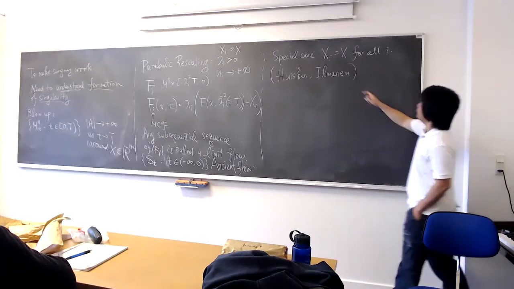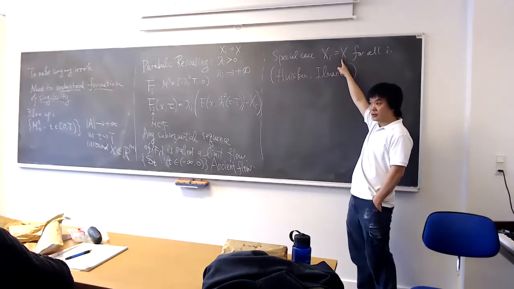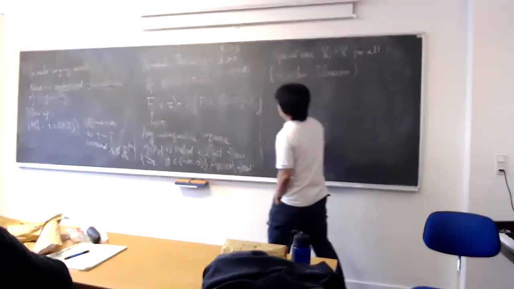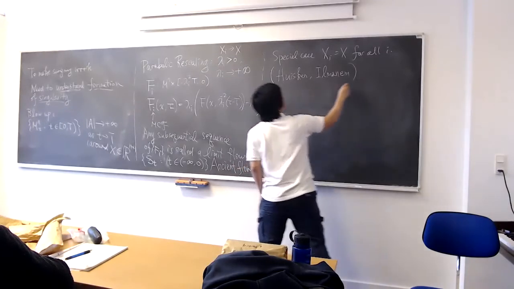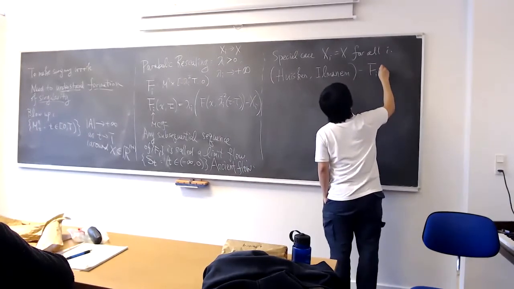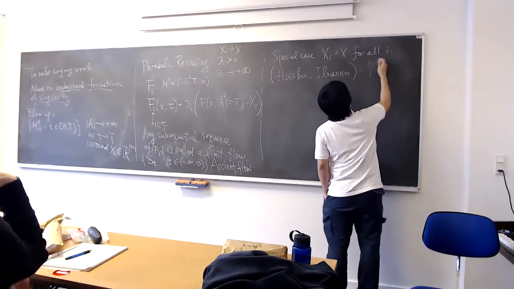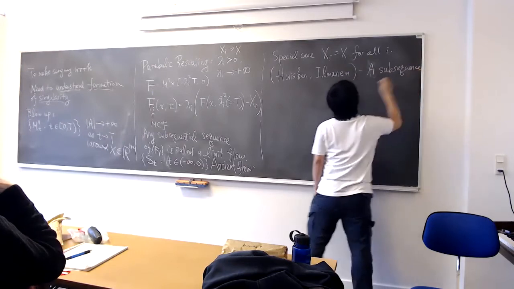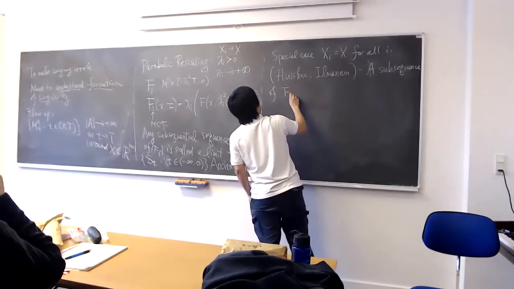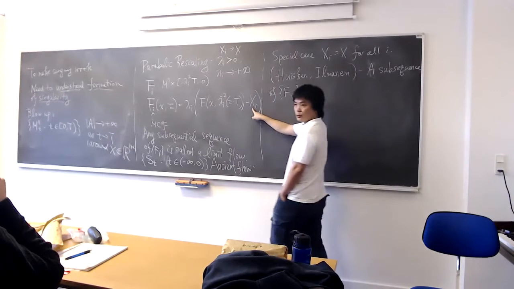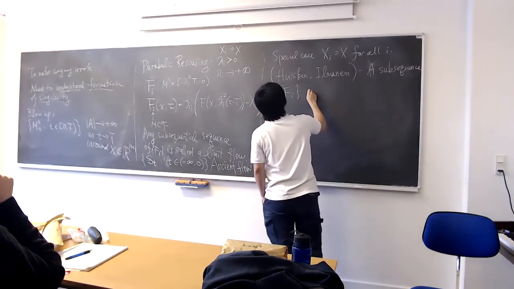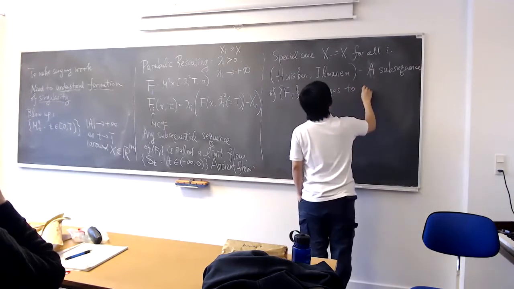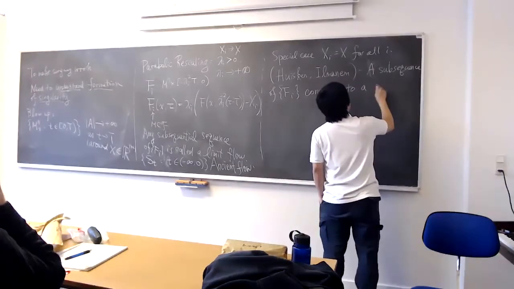So in the case where this point is fixed, there are actually subsequential limits. This subsequence of the flows, if this point is fixed, converges to a self-shrinking solution.